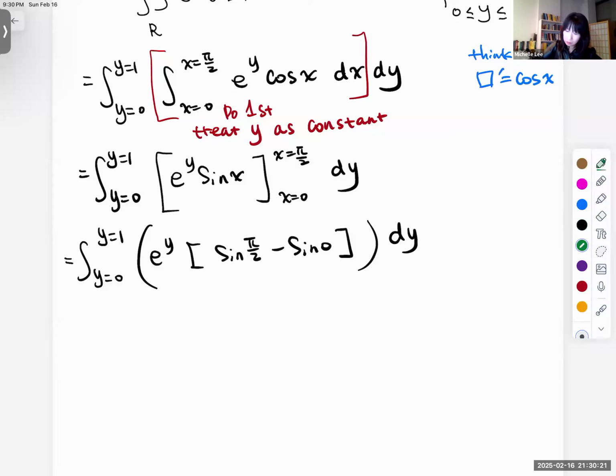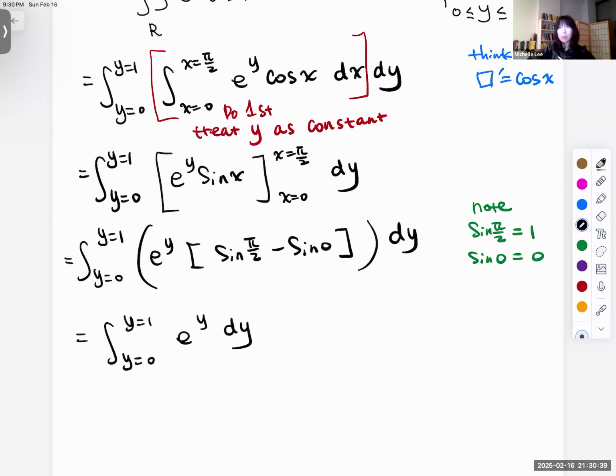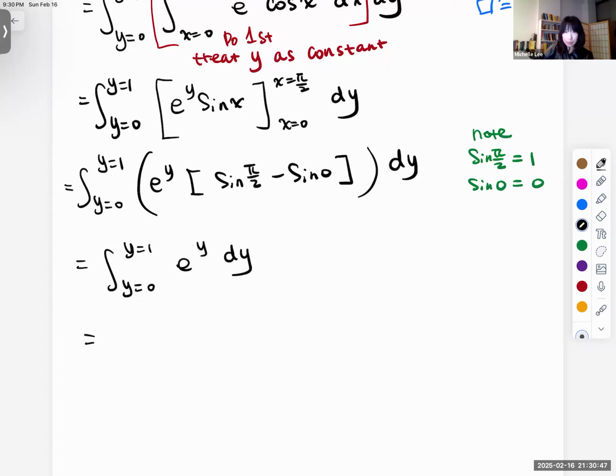Note: sine pi over 2 equals 1, sine 0 equals 0. Then we get just 1, which is e to the y, right? All right, now we want to integrate with respect to y. Then it's just itself, right?